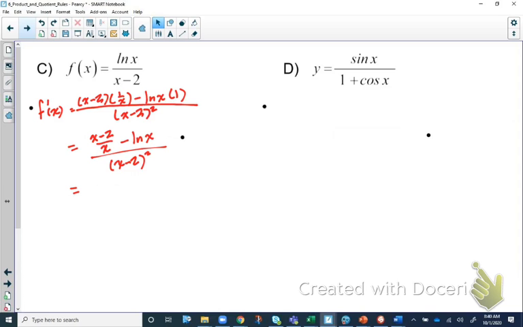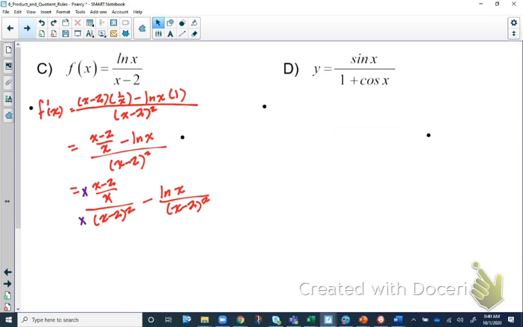I'm going to look at this as x minus 2 over x minus 2 squared minus the natural log of x over x minus 2 squared, because we want to try to rationalize the numerator on the left side where we have that x in the bottom. So we're going to multiply the expression on the left by x. And of course, if I do it to the top part of the fraction, I have to do it to the bottom part as well.